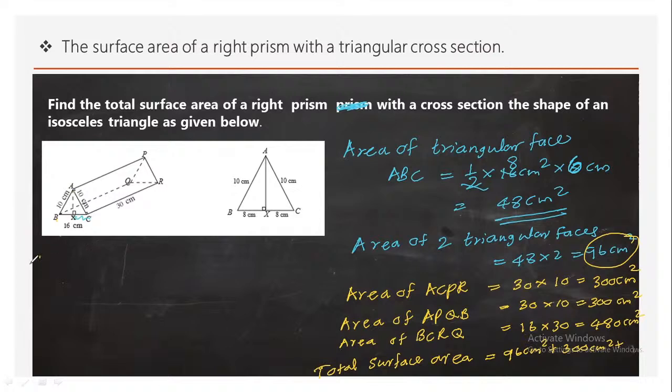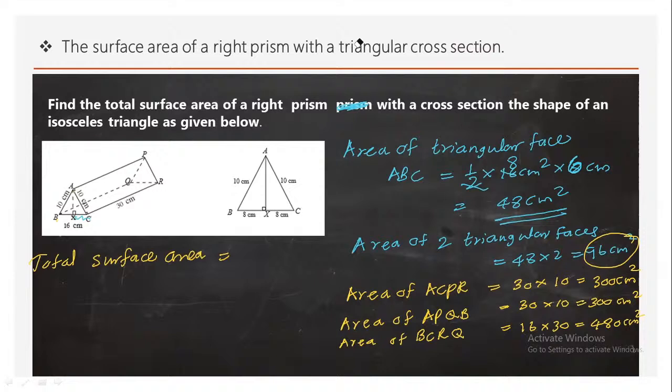Total surface area: 96 square centimeter, and vertically 300 square centimeter and 300 square centimeter, and the other one is 480 square centimeter.